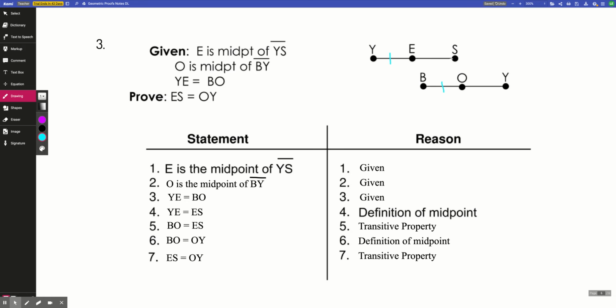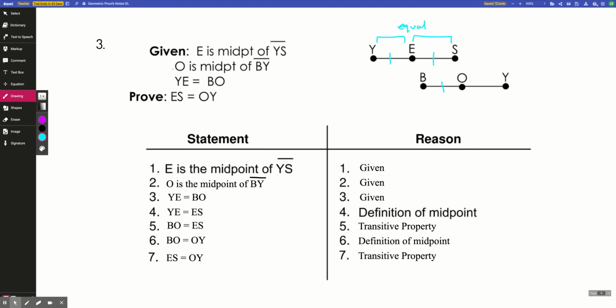They also said E is the midpoint of YS. So what that means is this part and this part right here are equal, or you can think of it as congruent. Okay, so if this has the little 1 congruence mark, that one also has the 1 congruence mark.